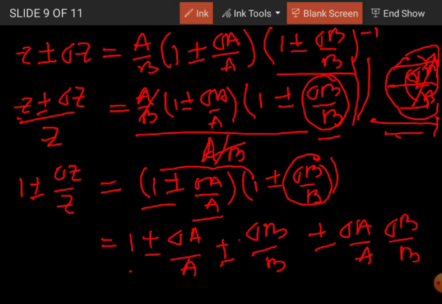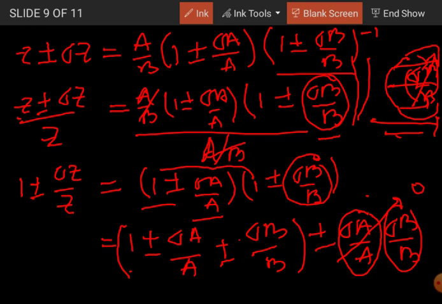As I told you, delta a and delta b are small quantities. If a smaller quantity is divided by a bigger quantity, it will be a very small quantity. So this term can be neglected as it is a product of very small quantities. Now what remains is 1 plus minus delta a by a plus minus delta b by b.